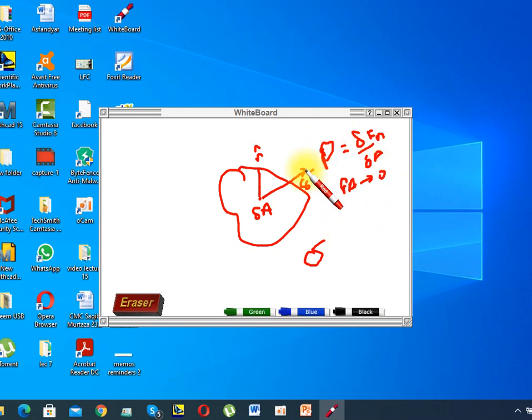But we now denote this by sigma. We call this a normal stress. And at the same time, there are some forces which will be acting parallel to this small area.